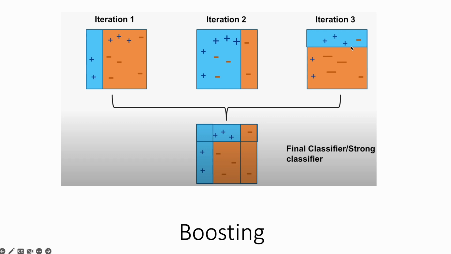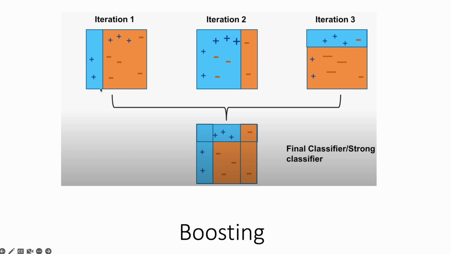Now let's say I am only building 3 models. Generally you build around 100 or even more than that decision stumps, right? And you take the aggregate of that, weighted aggregate of that. But let's say for example's sake, we are only building 3. What will happen? The final classifier is an additive sum of these, right?